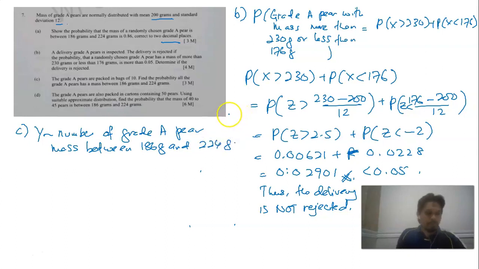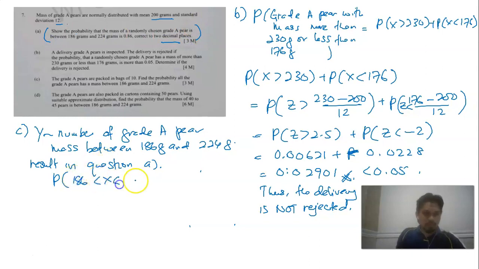Okay, based on the result of question A just now, the probability of a mass between 186 and 224 is equal to 0.86.